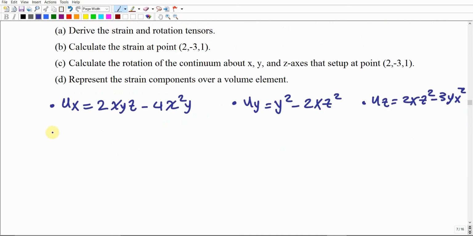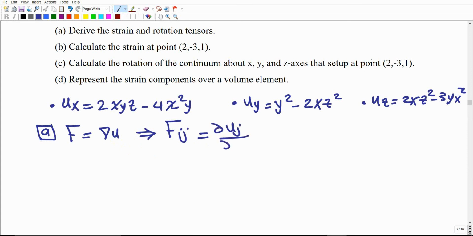The deformation tensor, this is what we're going to start with. The F, which is the deformation tensor, should be the gradient of the displacement. And the gradient of the displacement, if we decided to write this in terms of index notation, or the components of this deformation tensor as Fij, is going to be Uj comma i, which is partial Uj by partial Xi as we did above, or simply Uj comma i.